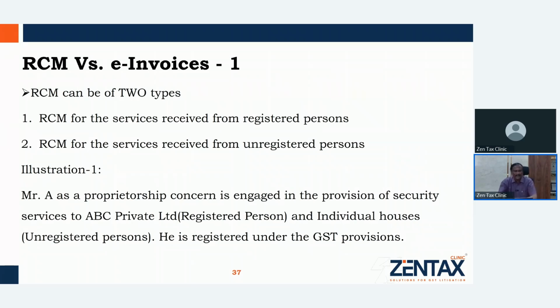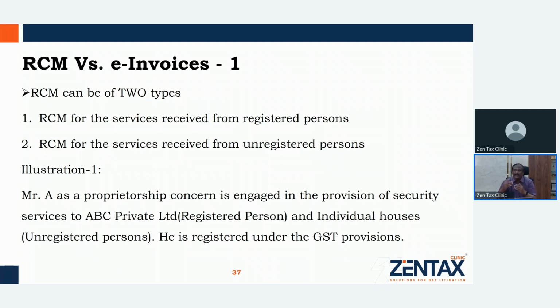Now the question comes, for RCM invoices, should it be e-invoice or not? That is a question that will be coming to everyone's mind. So for ease of understanding, I consider RCM in two broad categories: RCM received from a registered person, and RCM received from an unregistered person.